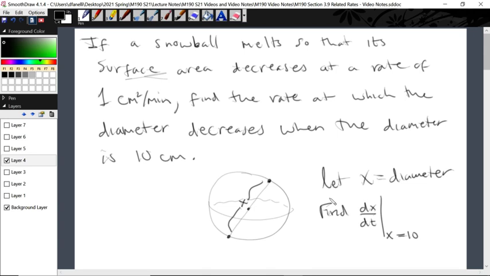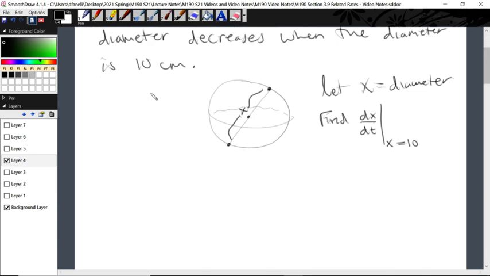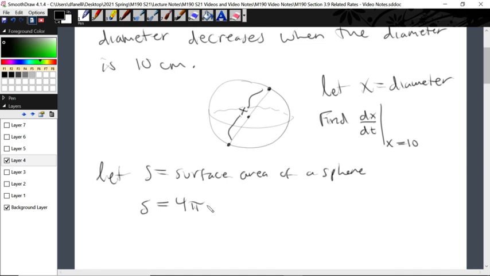That's what we want to find. So how do we find that? Well, we relate it to the surface area of a sphere. Let S equal the surface area of a sphere. That is, S is equal to 4 pi r squared, where r is equal to the radius of the sphere.